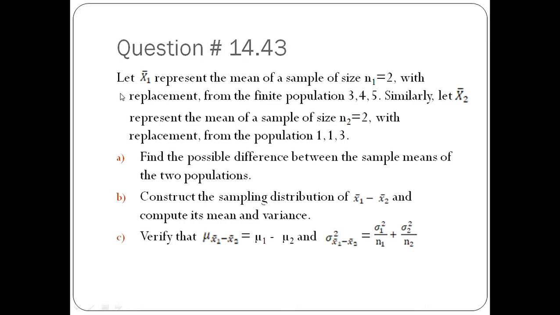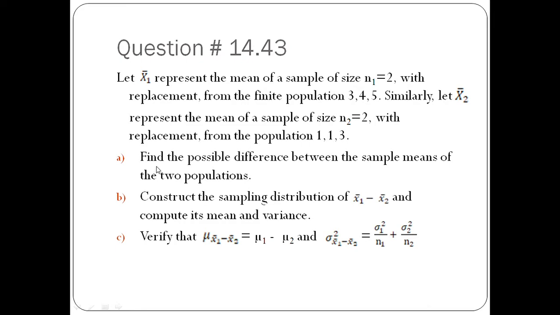The question says: let x bar 1 represent the mean of a sample of size n1 equal to 2 with replacement from the finite population 3, 4, 5, and similarly x bar 2 will represent the mean of a sample of size n2 equal to 2 with replacement from the population 1, 1, 3.